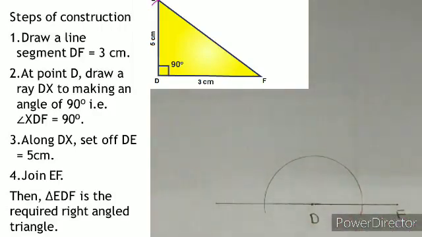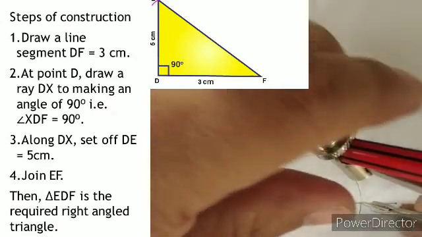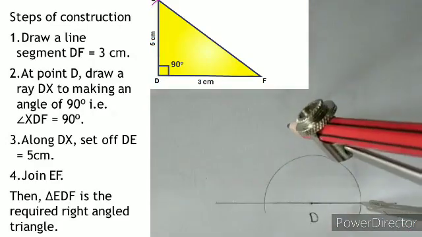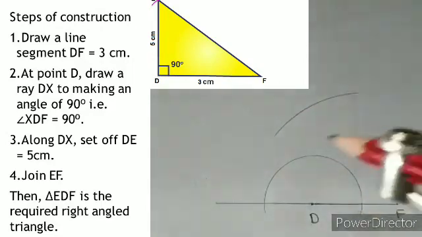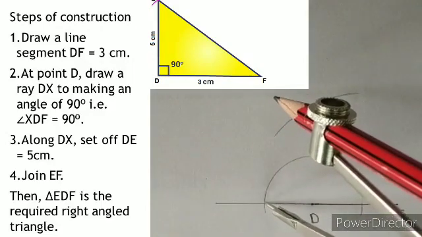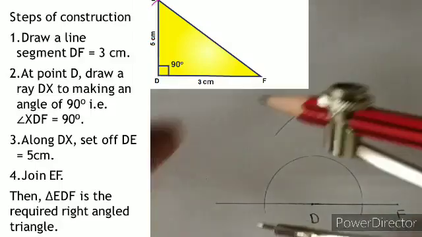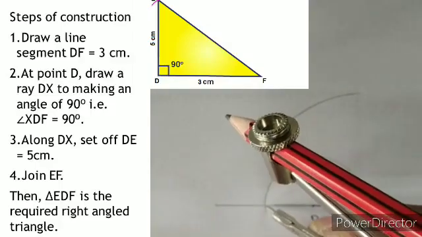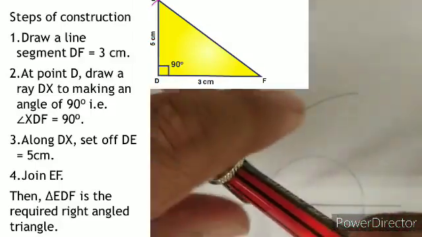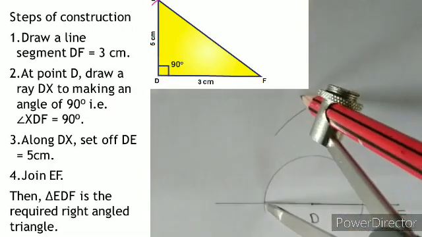At point D, draw a ray DX to make an angle of 90 degrees, angle XDF. See, we are making a 90 degree angle here. You all know how to construct a right angle. You can do this using a protractor also.